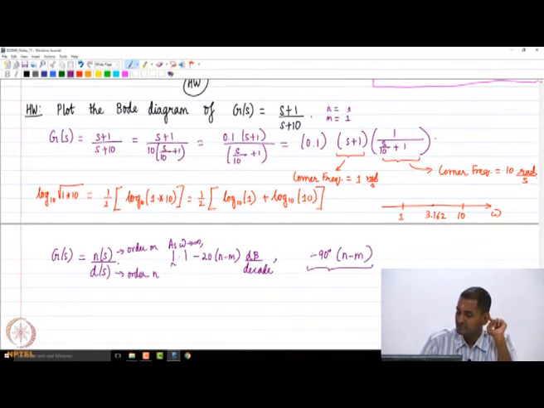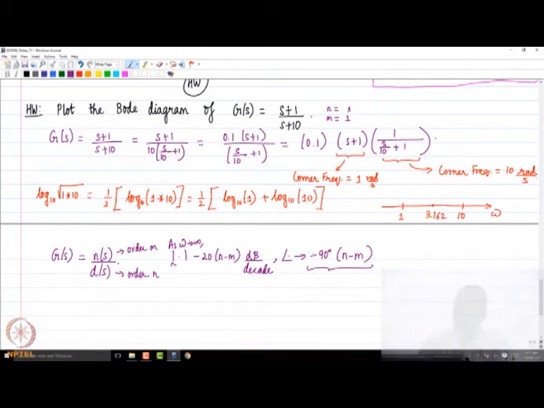The magnitude tends to this one, the phase tends to this for a minimum phase system. So what is going to be the value here? 0. And does it tend to 0? It does, because s plus 1 will give you a phase contribution of plus 90, and 1 by s by 10 plus 1 will give you a phase contribution of minus 90 as omega tends to infinity. So the sum is going to be 0.